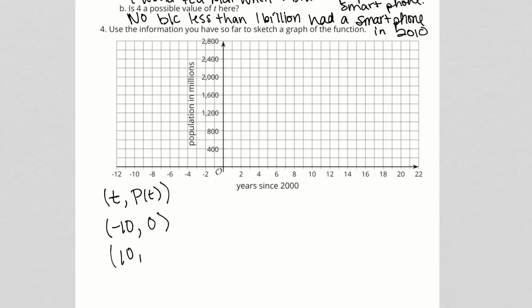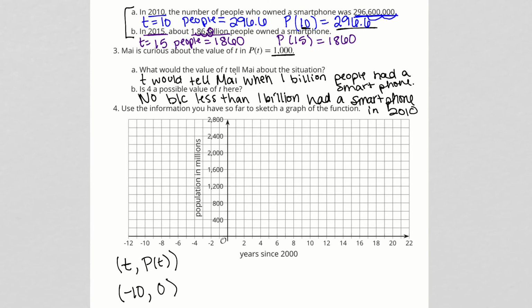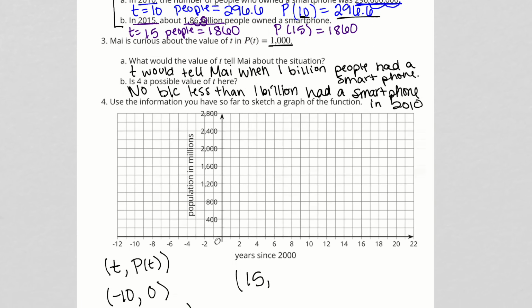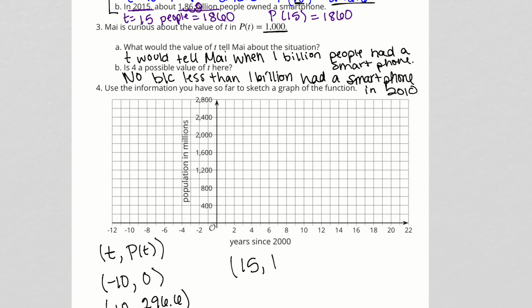So we will have 10, which was 296.6. Then we're also going to have 15, which was 1,860.